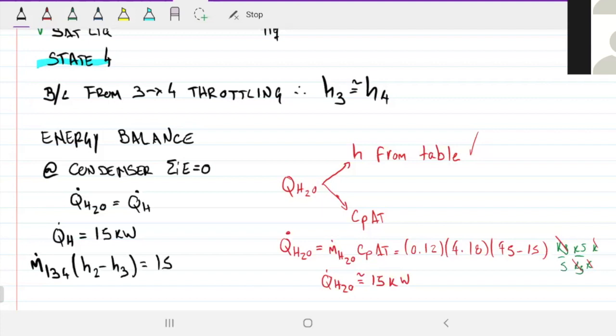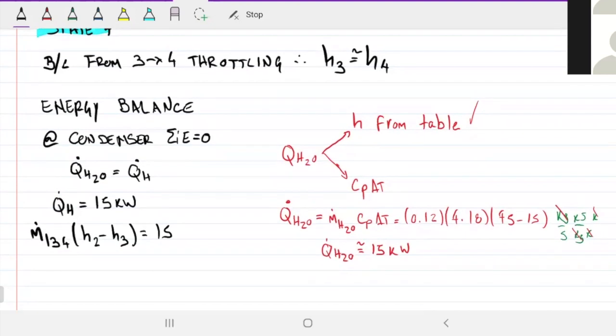So I can divide my 15 by the difference from 2 to 3, and find the mass flow rate for the refrigerant. It ended up being 0.09686 kilograms per second.